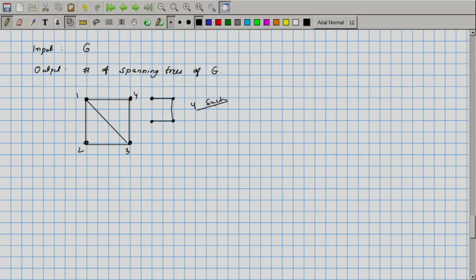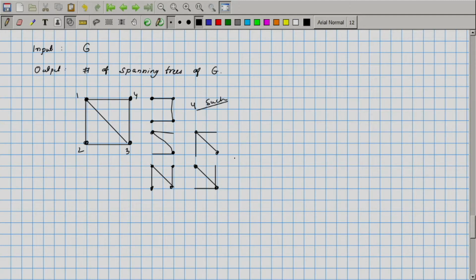And these are the ones without the diagonal. If the diagonal is there, then this is 1, this is another, okay.